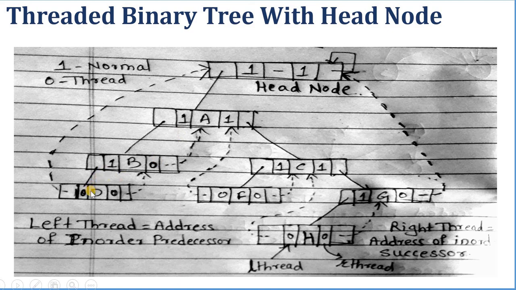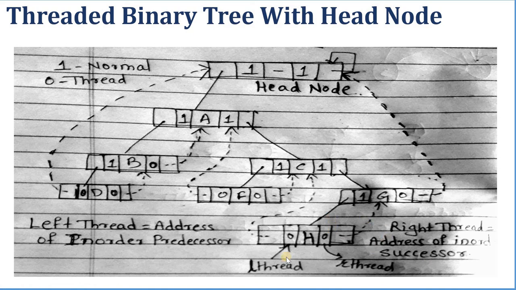Similarly, for D, there is L thread and R thread. Both are 0. It means both are containing the address of the in-order predecessor and in-order successor. So here the left thread contains the address of the in-order predecessor and the right thread is pointing to the address of the in-order successor.